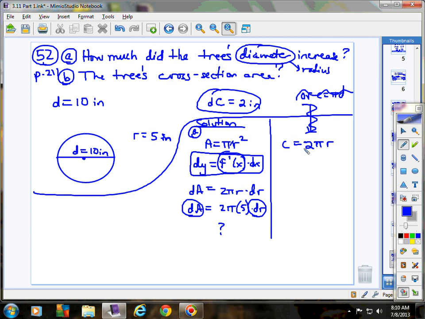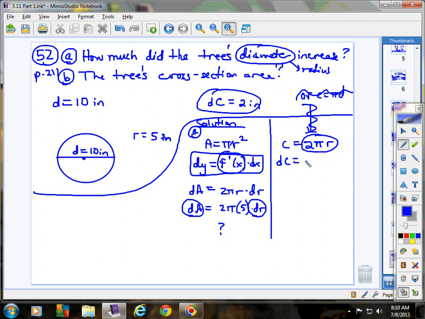Let's try this side. We can't put 2 in for C because this is a dC. It's a change in the circumference. It didn't say the total circumference of the tree was 2 inches. It said the change, or that it had increased by 2 the following year. So here, dC, just like dy, would be the derivative of that.